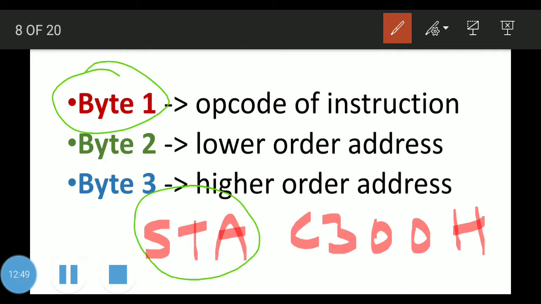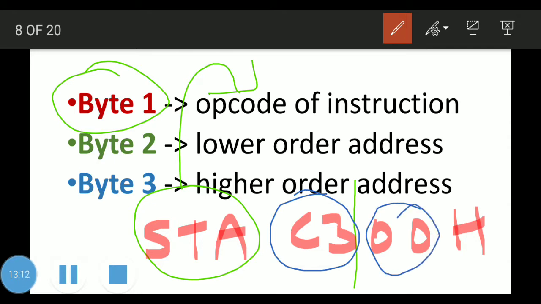In a microprocessor, data can be either 8-bit or 16-bit. That is why this address is divided into two parts. We have divided C300 into C3 on one side and 00 on the other. C3 indicates the higher order address and 00 is the lower order address. Understood?